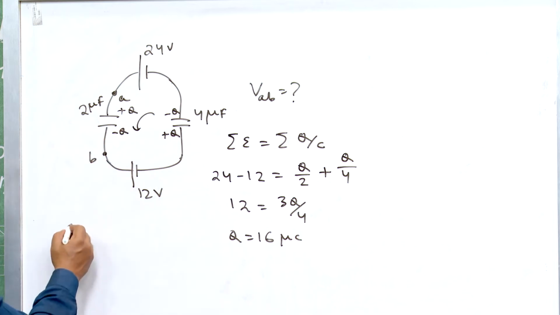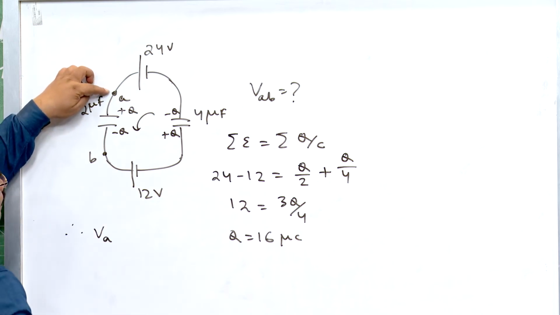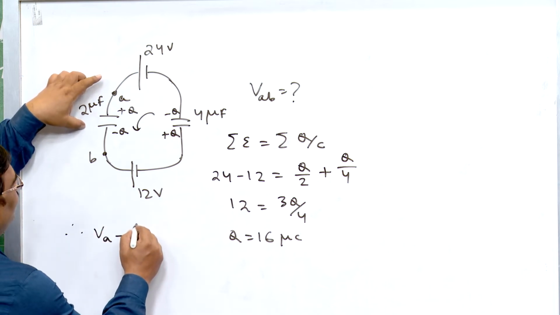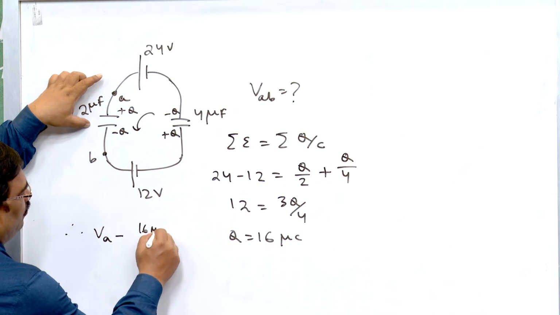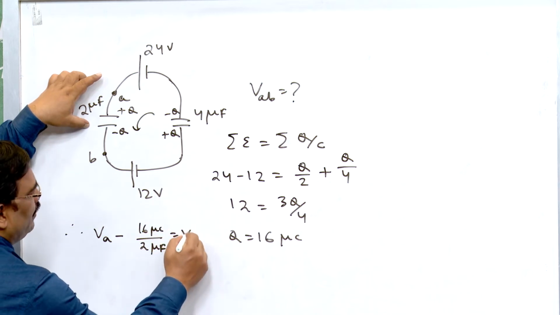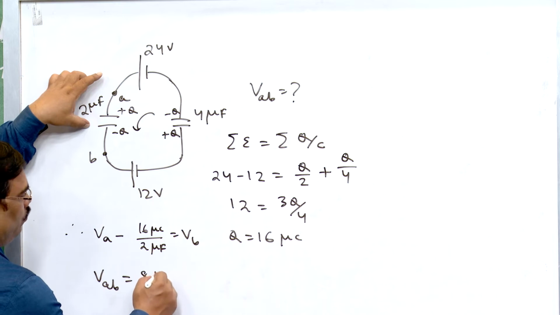So, therefore, if I come from VA, then it is minus Q by C. Q is 16 microcoulomb divided by 2 microfarad, and we come up at VB. So, my VAB will be equal to 8 volt.